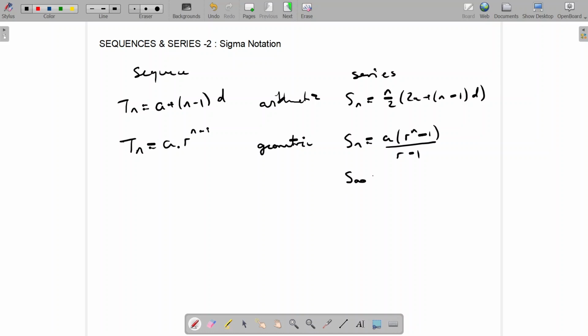We also saw that the sum to infinity would equal a over 1 minus r if r was between 1 and minus 1. All of this is fairly straightforward.